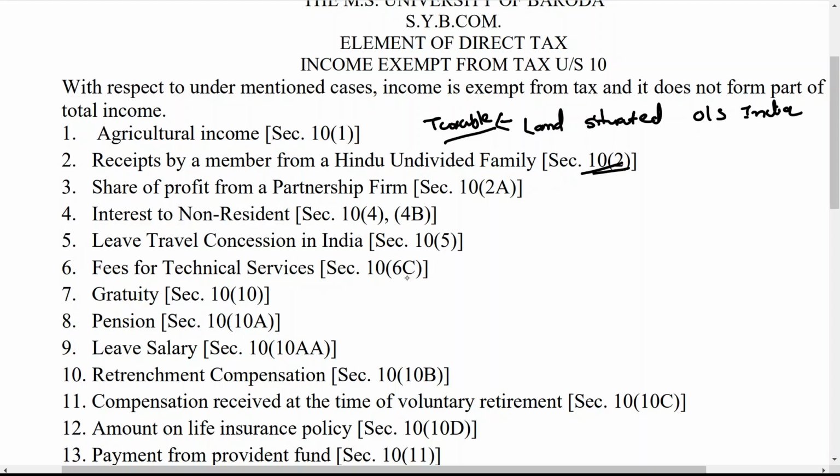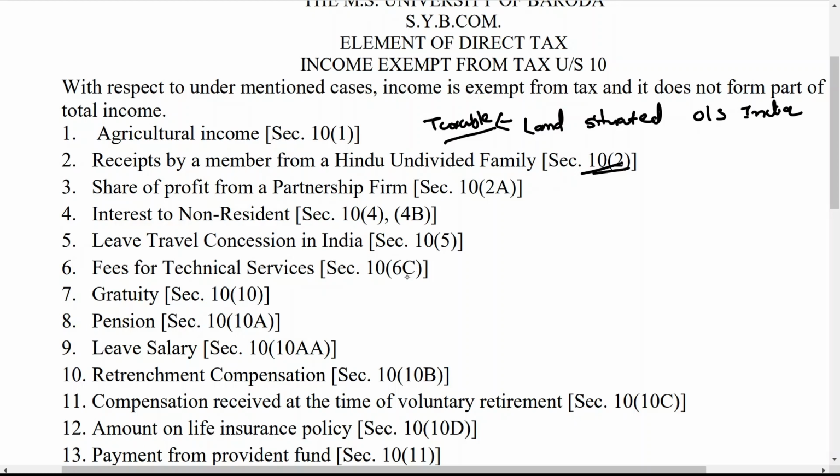Retrenchment compensation means if an employee is retrenched from the job, then whatever compensation is provided to them, some of that is exempt under section 10 subsection 10b. But calculation is to be done. Compensation received at the time of voluntary retirement: if an employee is taking VRS, in that case also section 10 subsection 10c is applicable and exemption is available.